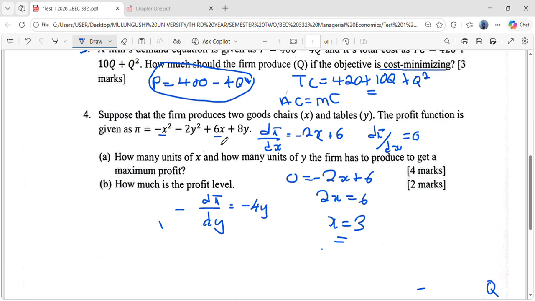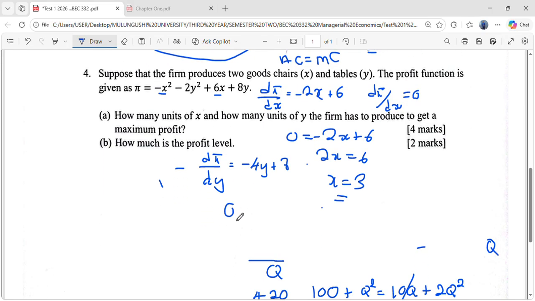Here there is no y, meaning this is 0, then it gives us 8. Remember, d profit over dy is set to 0 for us to achieve maximum profit, so it becomes negative 4y plus 8. Grouping like terms, it becomes 4y is equal to 8. So y is equal to 2.